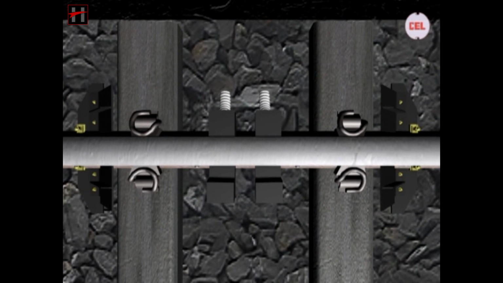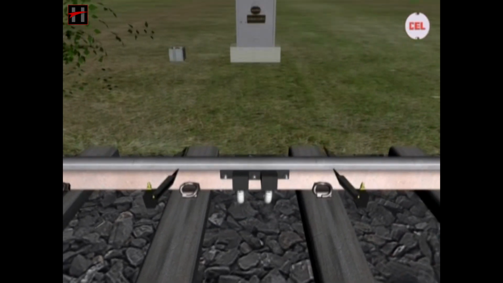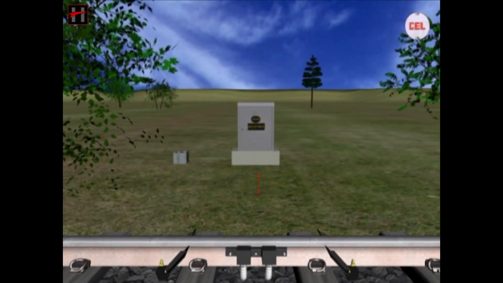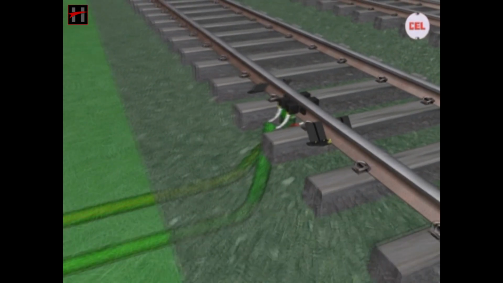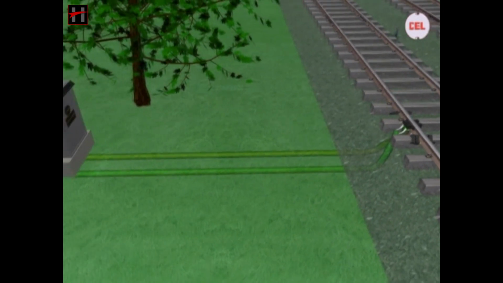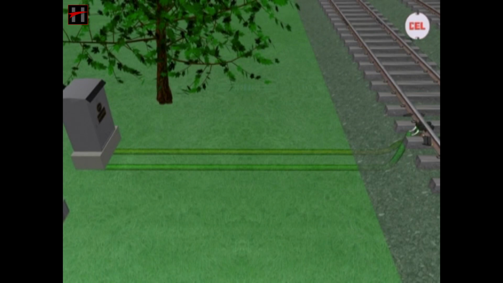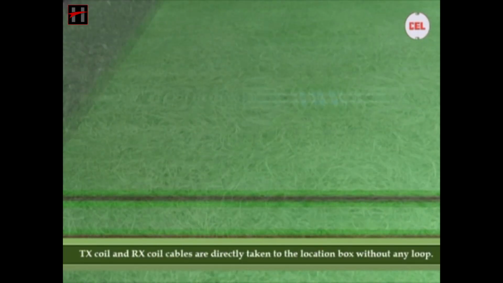Number 6. Ensure that the distance between location boxes and axle detectors is less than 10 meters, as TX coil and RX coil cables are provided with 10-meter cables. 7.